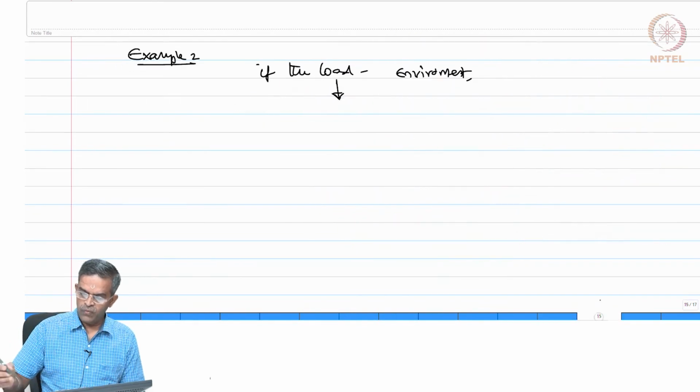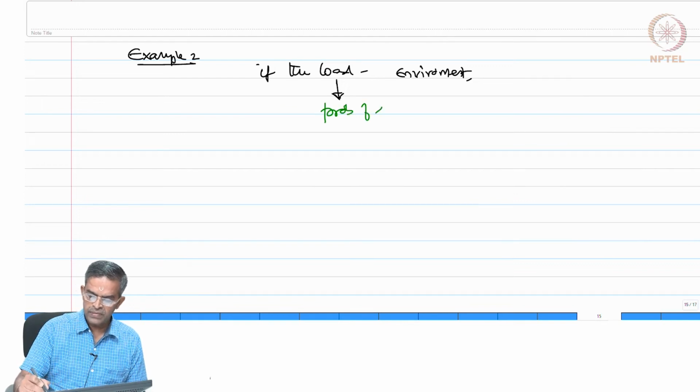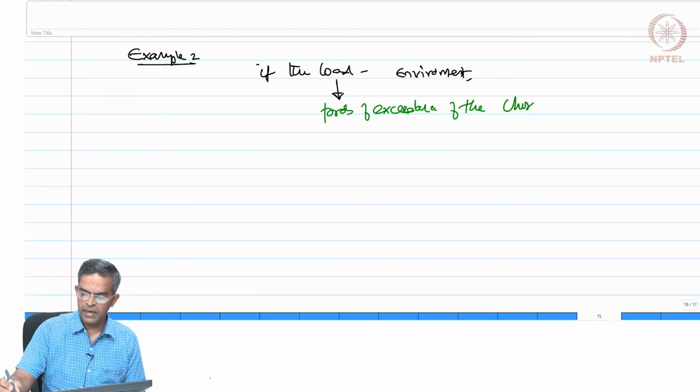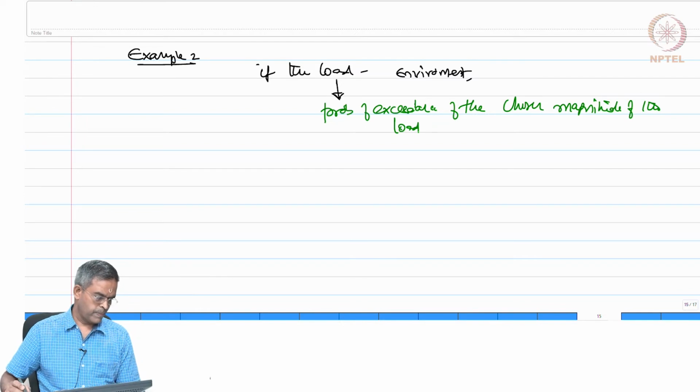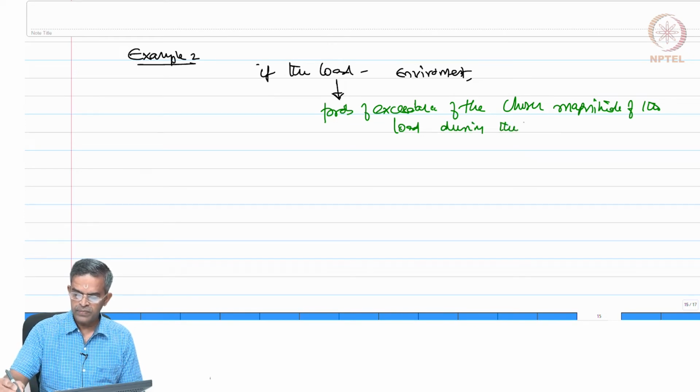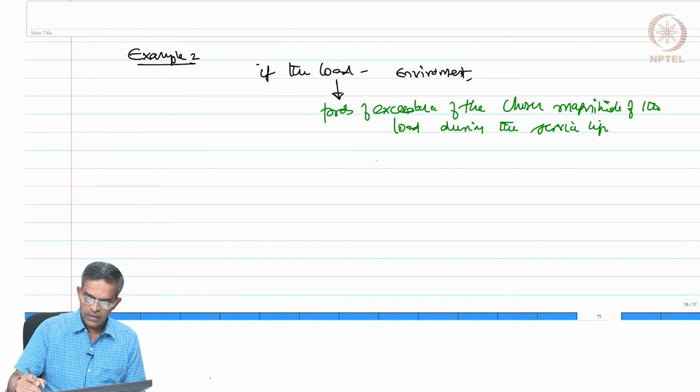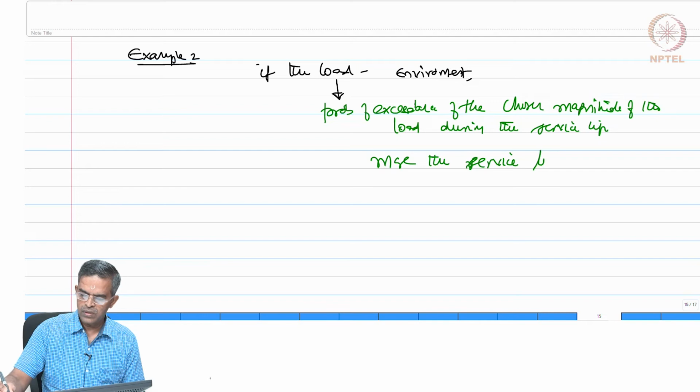Here we will look for the probability of exceedance of the chosen magnitude of the load during the service life, saying that the more the service life, the more the probability of exceedance.